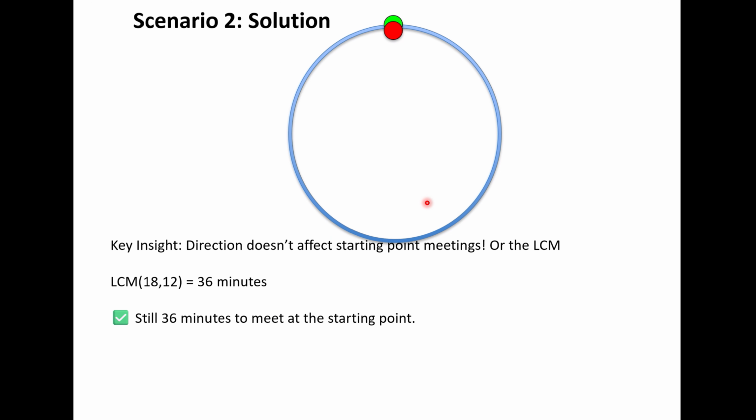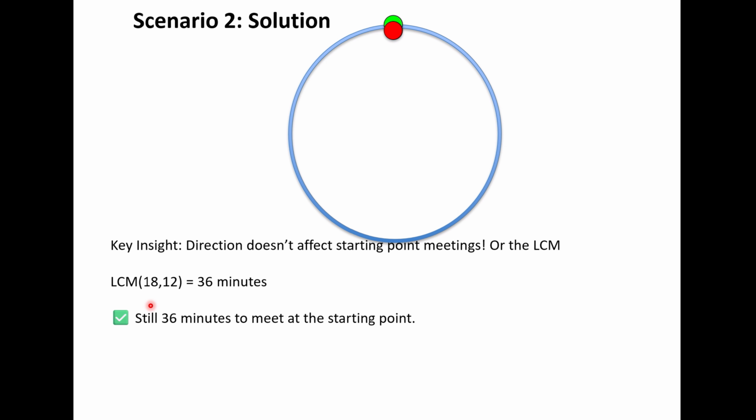Therefore, at the starting point, we still have to use the least common multiple. We find the prime factors for 18 and 12, and the least common multiple is still going to remain 36.